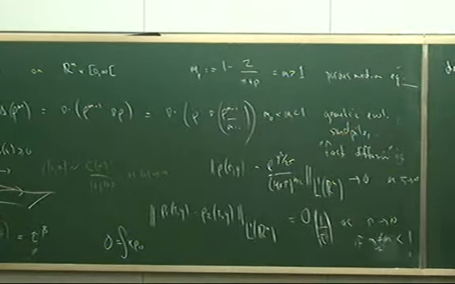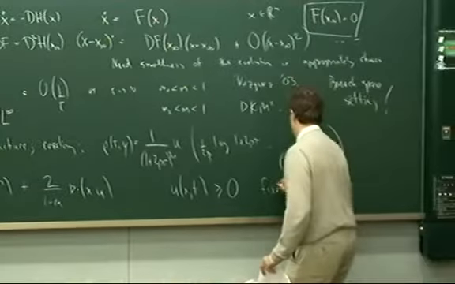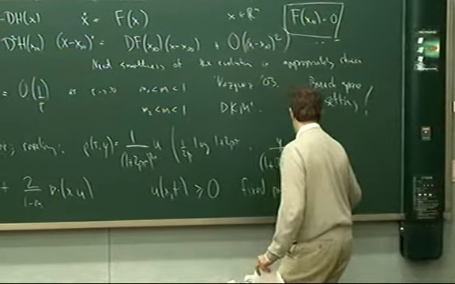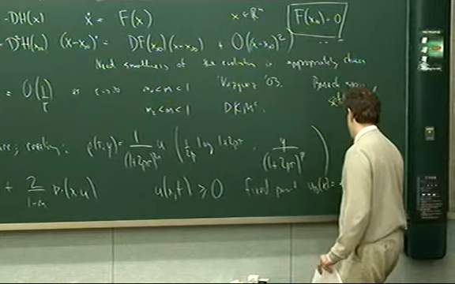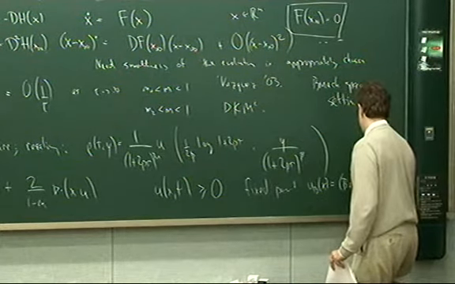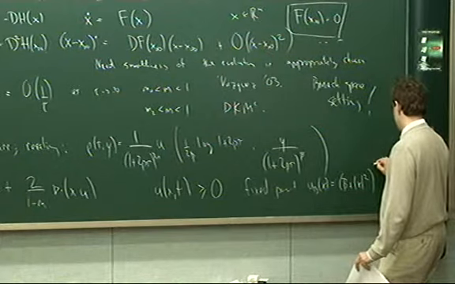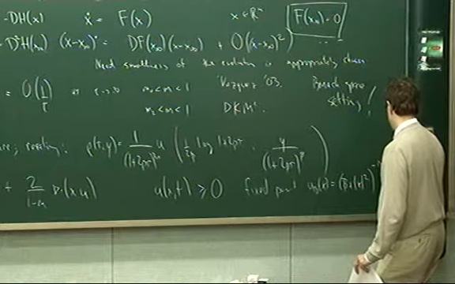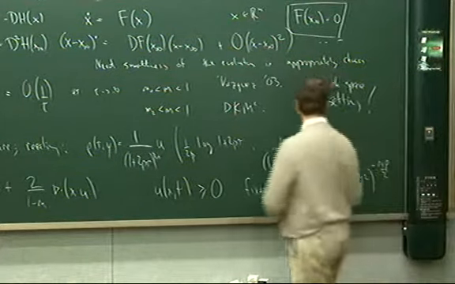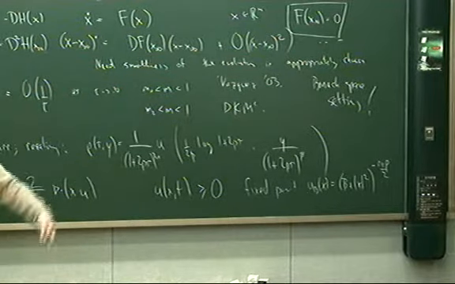So this evolution here fixes exactly this density here, and that's the density that plays the role of Gaussian in this problem.